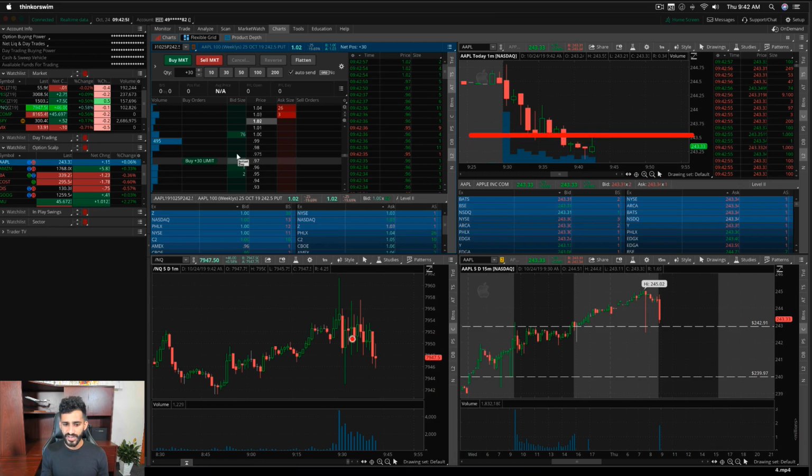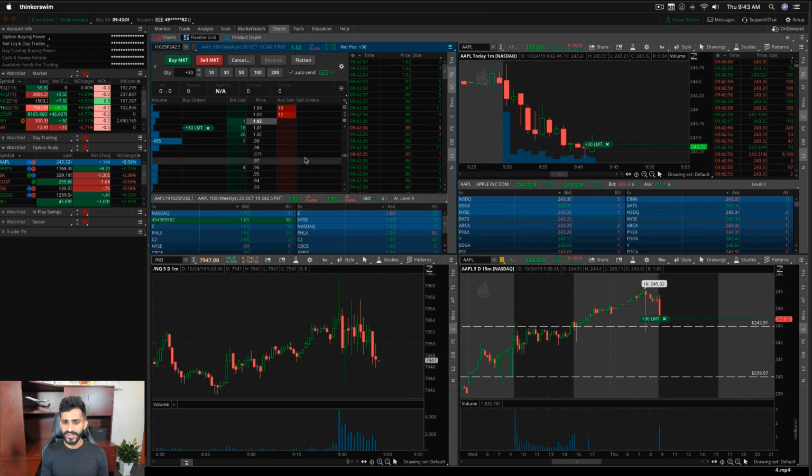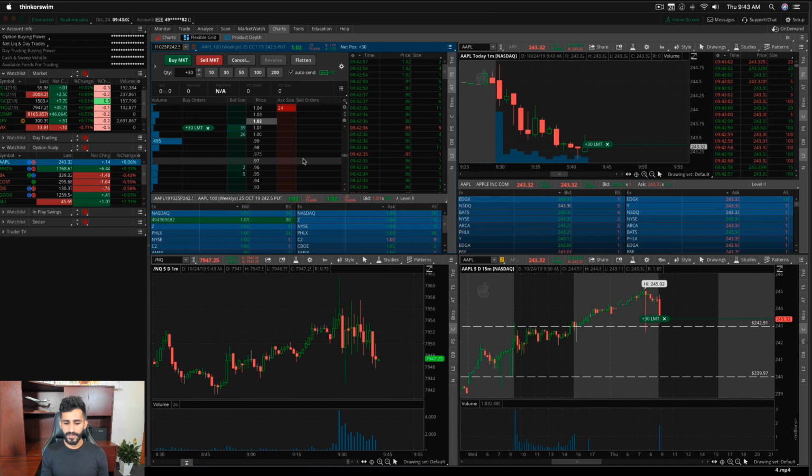As it's getting rejected, you can see the market is slowly drifting away. No real confirmation yet, no real trade at the moment. I still have my 30 contracts, and this now gives me somewhat of a confirmation. It showcases that at 243.5, there are a lot of sellers sitting there, rejecting that point.